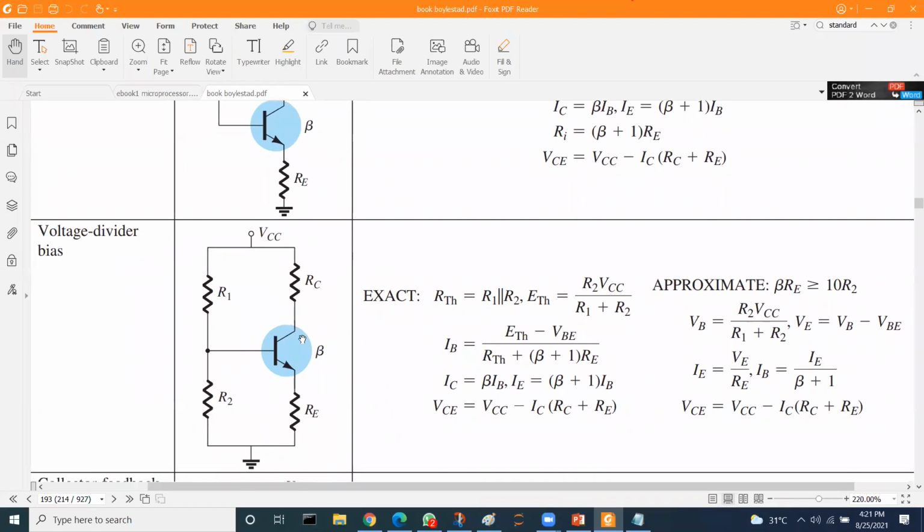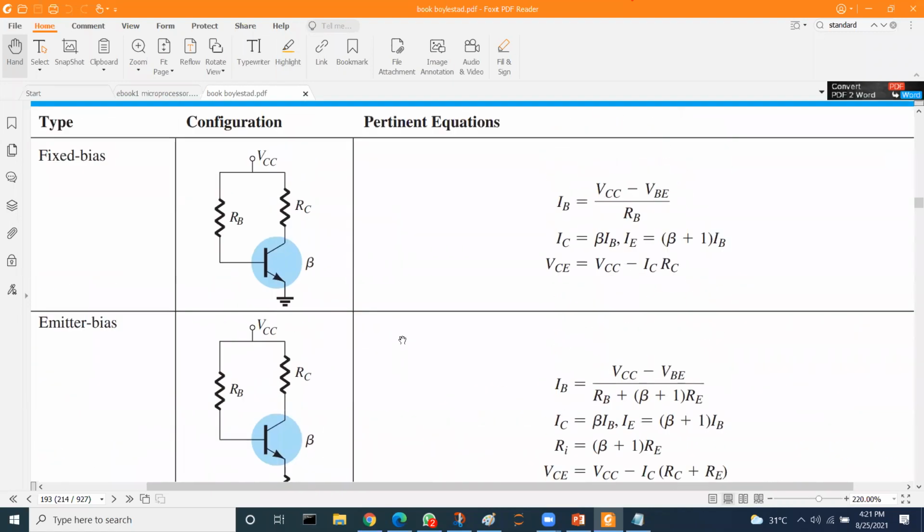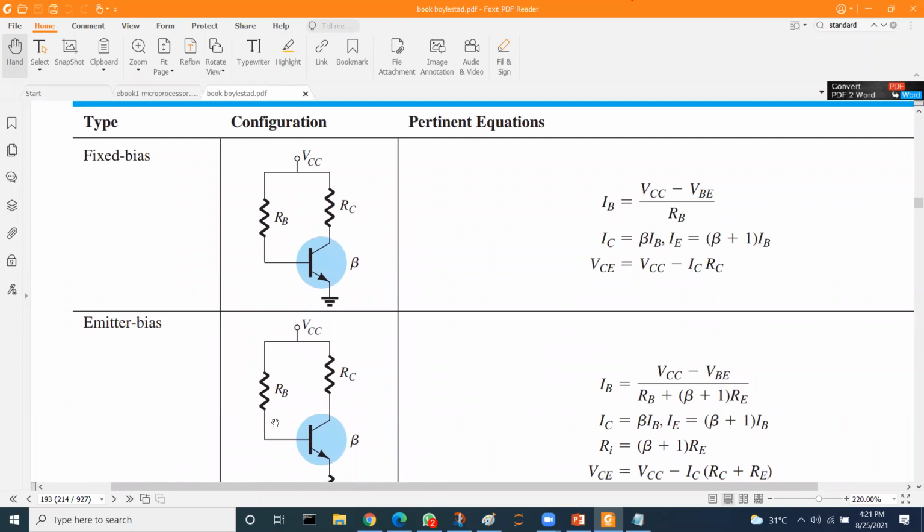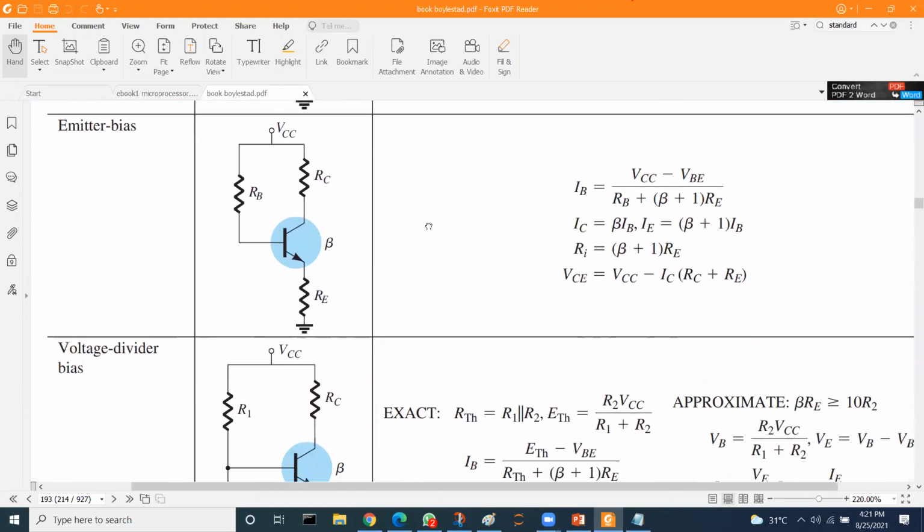And primarily to learn that, we have to learn the above two configurations as well, because this is a very basic configuration, fixed bias, and the emitter bias configuration is used for stability, to primarily stabilize the circuit, because this semiconductor device directly grounds, so it will provide some stability to the circuit.